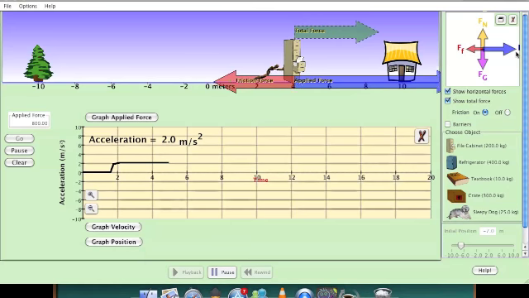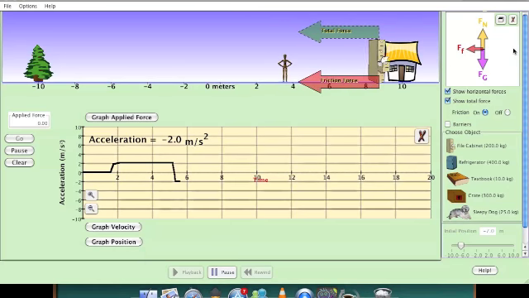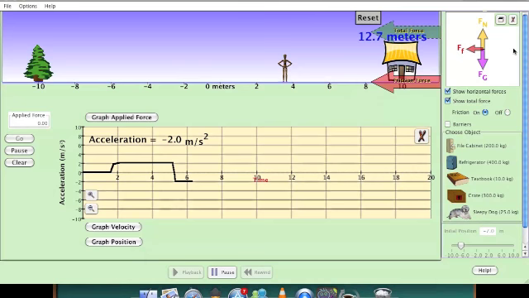So at the applied force of 800, I then leave the applied force, and you see that it comes to a rest after say 18.8 meters. So this is the graph. Initially, when I applied a force of 800 newtons, the acceleration was 2 meters per second square. Now let's see what the friction force was.